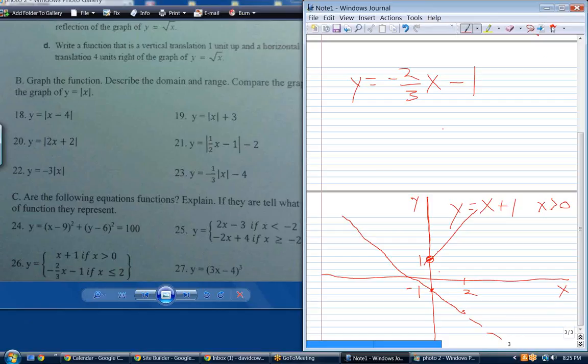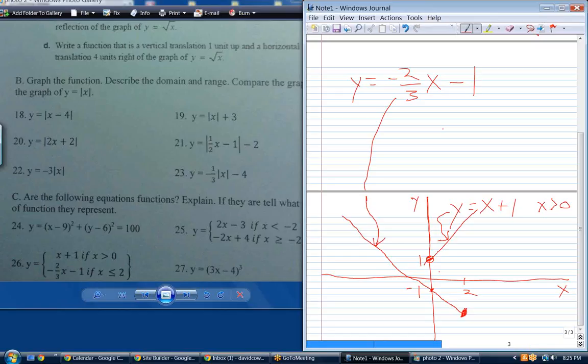So I need to go back and erase that dotted line that I put in there. This is what it's supposed to look like. And it's less than or equal to 2, so I have a closed dot there. So this function applies to that part, and this function applies to this part. You see how it works?